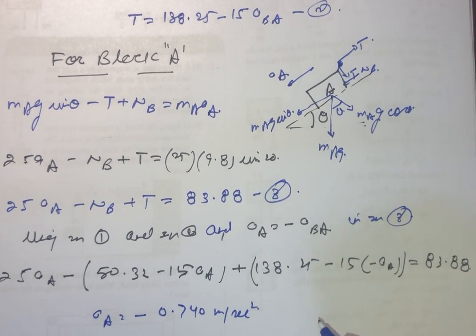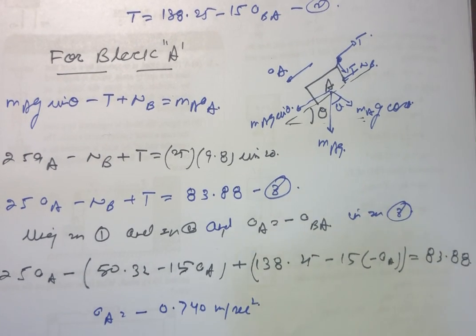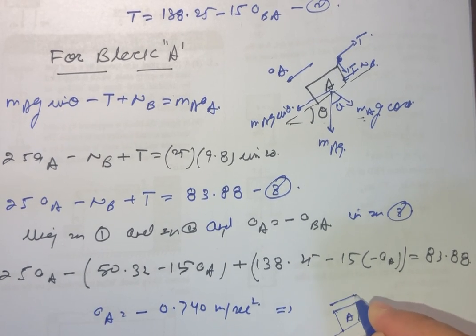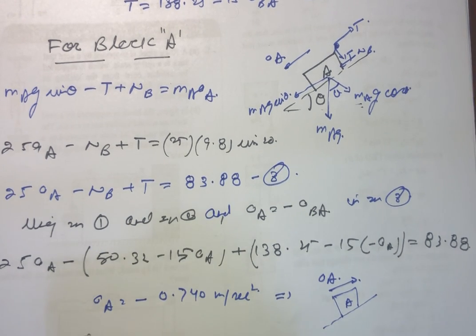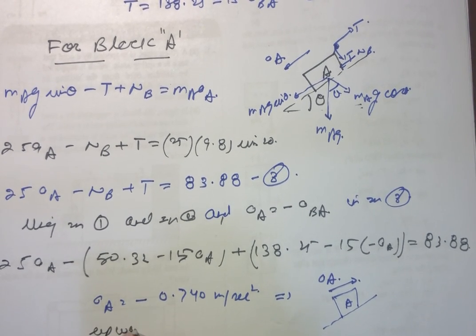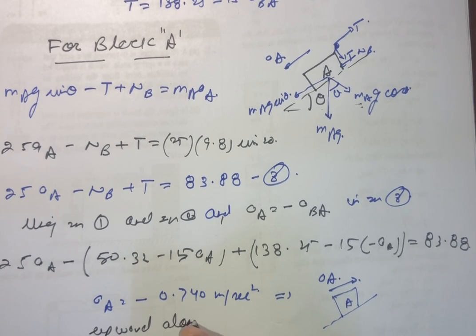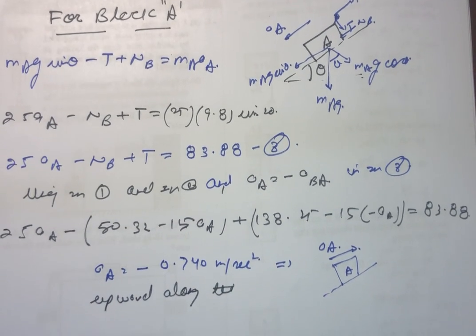Now we had assumed that acceleration of A is along the inclined plane in the downward direction, but because of this negative sign, it clearly indicates that block A will accelerate up the inclined plane, along the inclined plane.